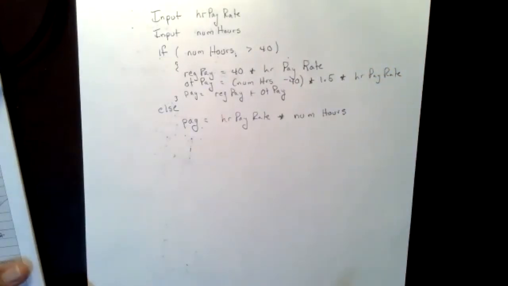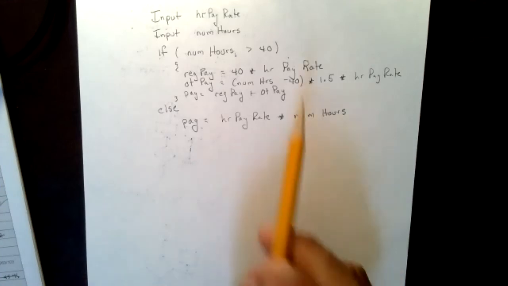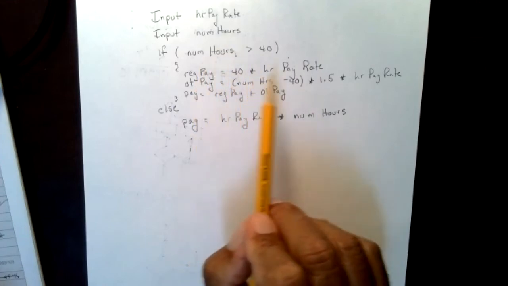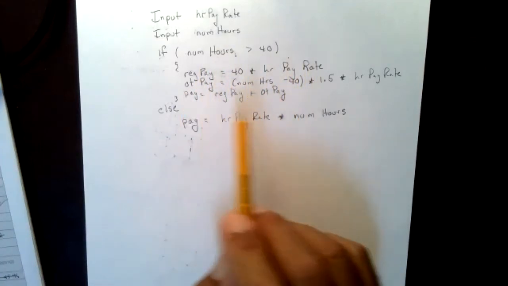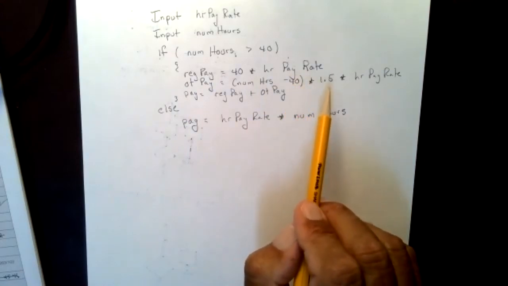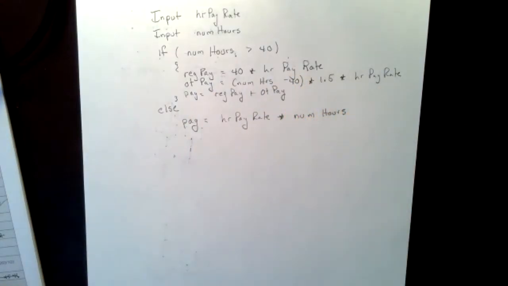Some of you have other algebraic ways to do that, but early on in beginning programming, it needs to be broken down so everybody can get it. The regular pay is the first 40 hours. The overtime pay is the number of hours minus 40 times 1.5 times hour pay rate. And then my pay is going to come out to be the regular pay plus the overtime pay.